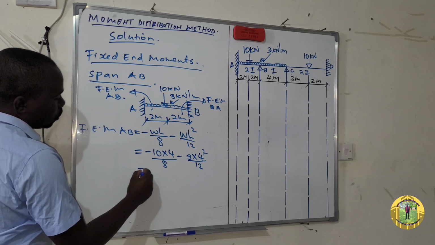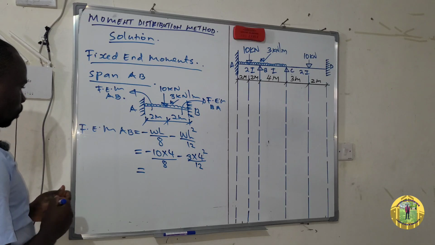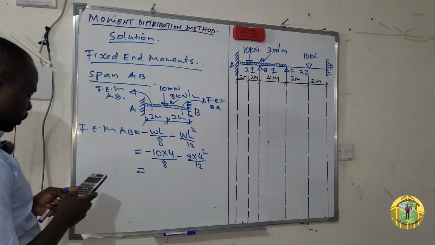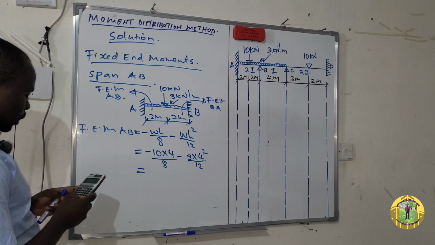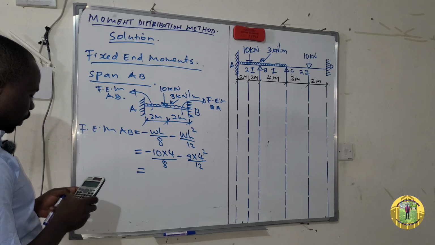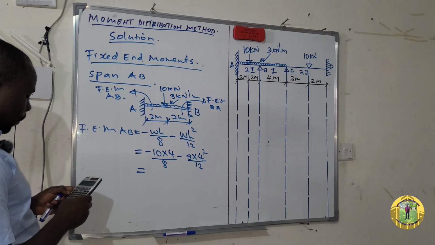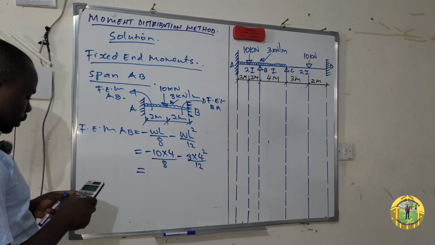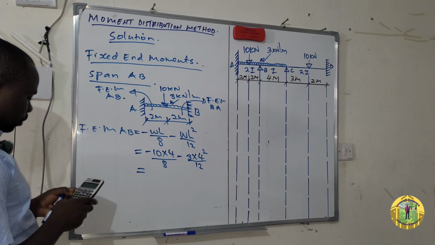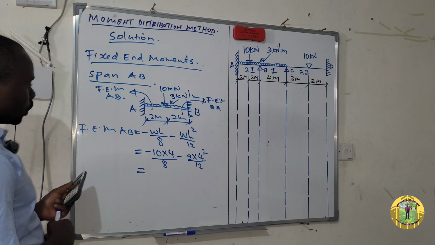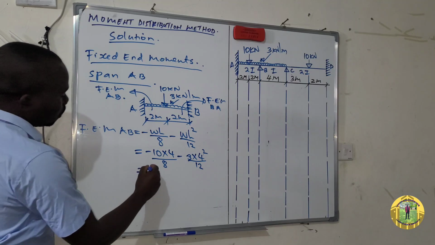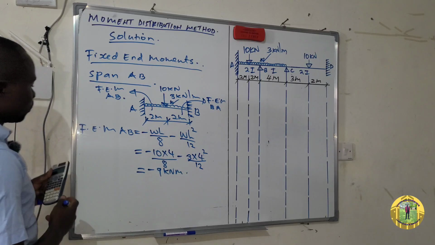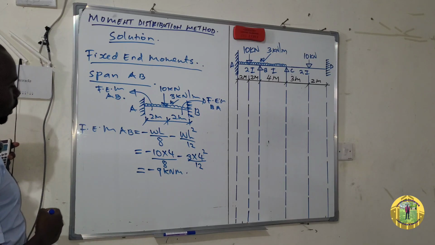So this is equal to minus 10 times 4 all over 8 minus 3 times 4 square all over 12. So this is minus 9 kilonewton meter. That is fixed end moment AB.